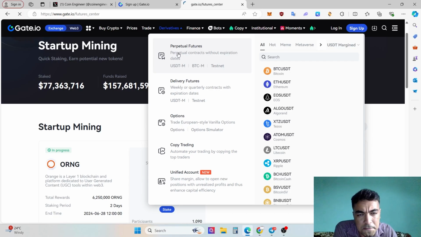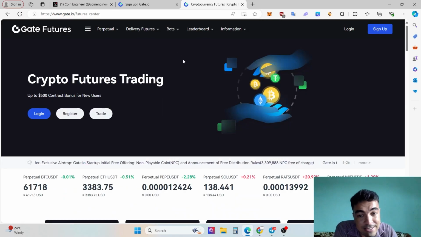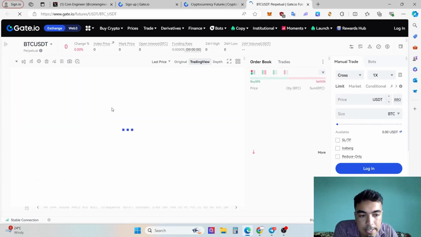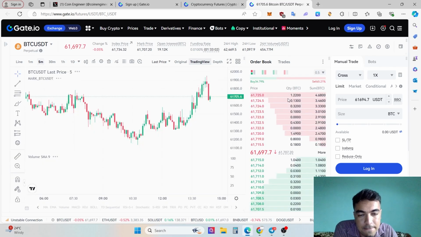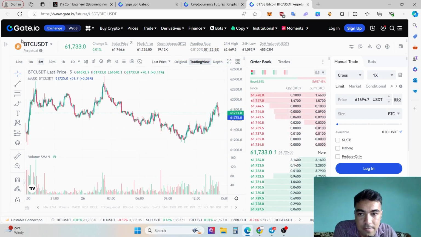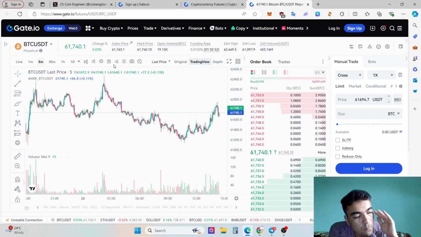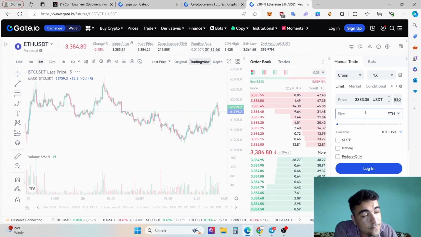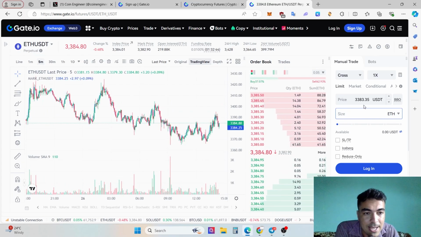Perpetual futures. Perpetual futures in essence are the same as spot, but the main difference is in the access and leverage side. For example, right now I'm not logged in, just click it, and for example on the Bitcoin side you can use a maximum of 125x, and on altcoins, for example on the Ethereum side, you can use, if I'm not mistaken, 75x, and just put limit or market.